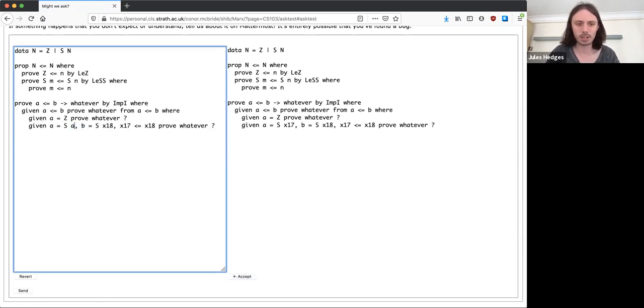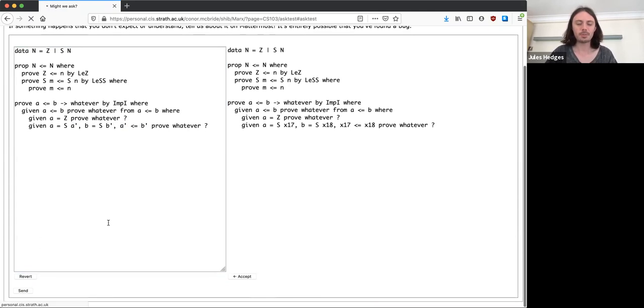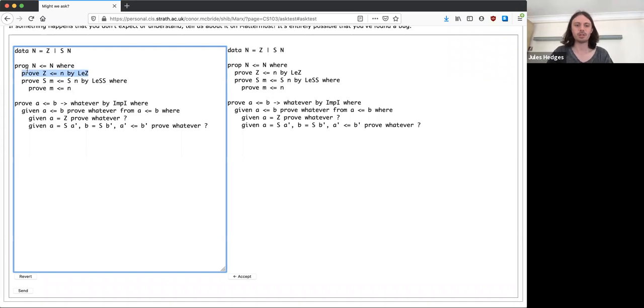Let me quickly do some renaming. So the first subgoal corresponds to the case in which A less than or equal to B was proven using the LEZ rule. So in that case, we know that A must be 0. So Ask generates an equation for us, A equals 0, and it gives this to us as a given.